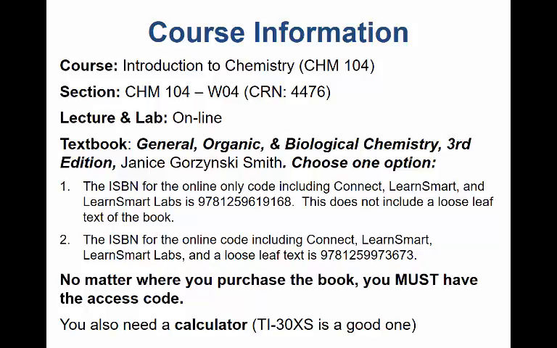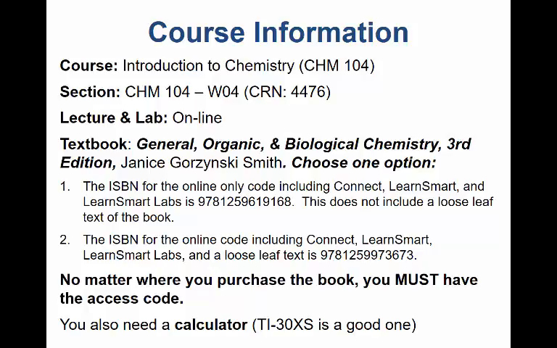It does not have a hard copy. You can print stuff if you want to, but it's pretty expensive to print. Or, option two, you can get the online code and the loose leaf text, which is in the bookstore, and that's the ISBN for that.